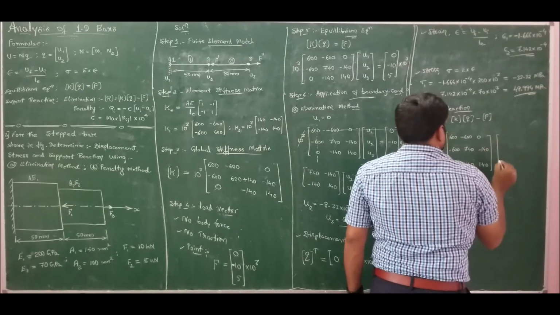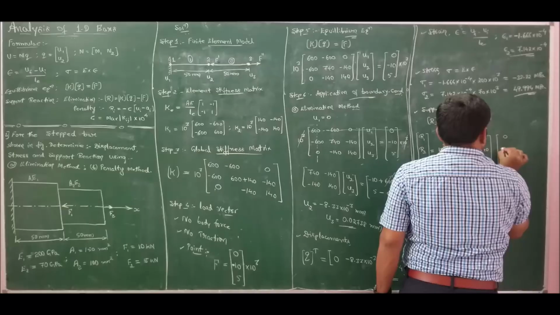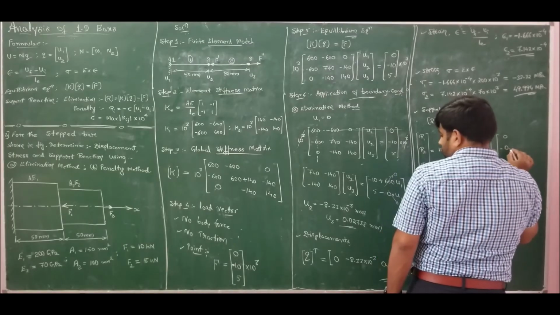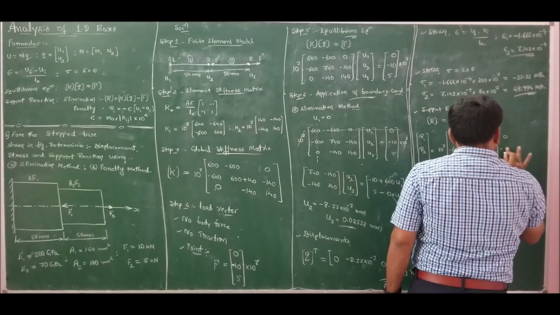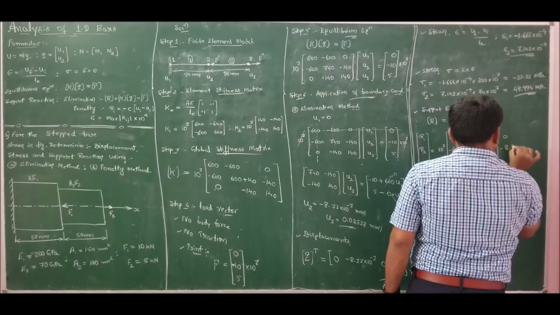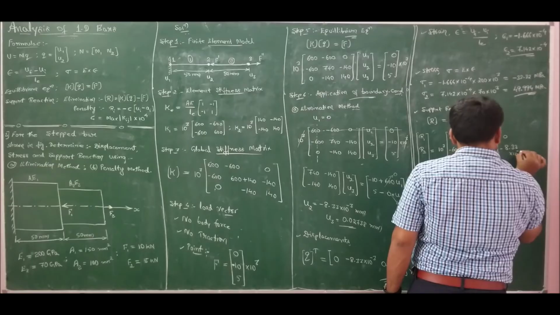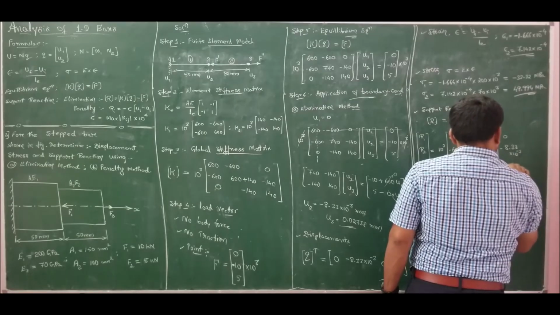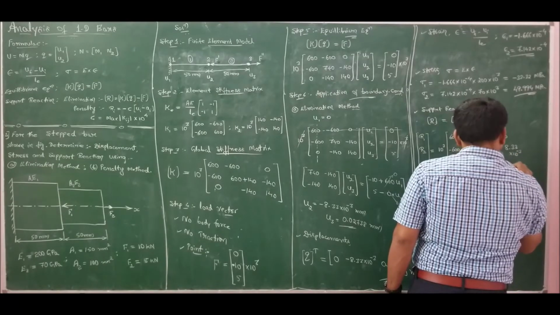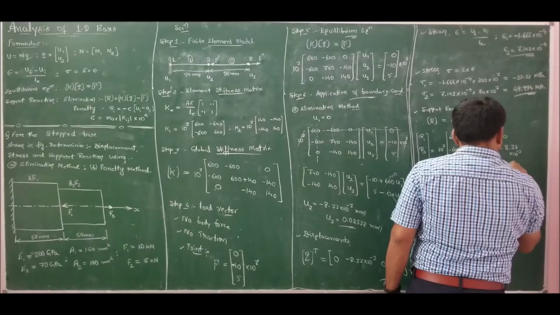Coming to the Q matrix, it is 0, minus 8.33 into 10 to the power of minus 3, and we have 0.0274.